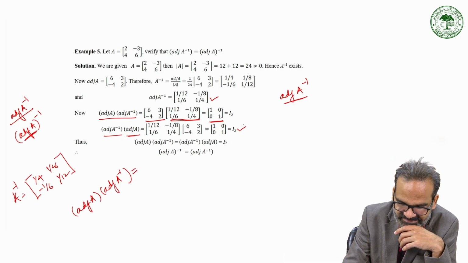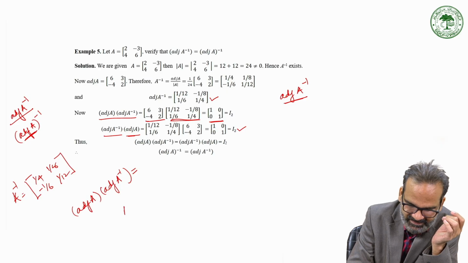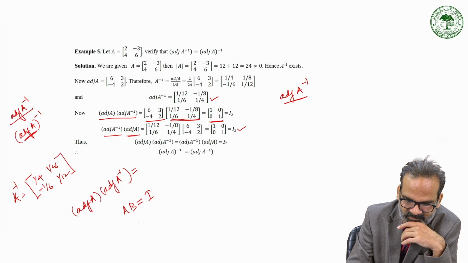So what does it mean? If you recall the definition of the inverse of a matrix, if AB is equal to the identity, then what does it mean? It means B is equal to A inverse. Right.